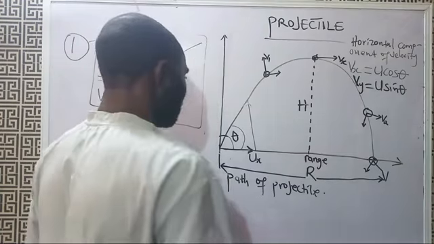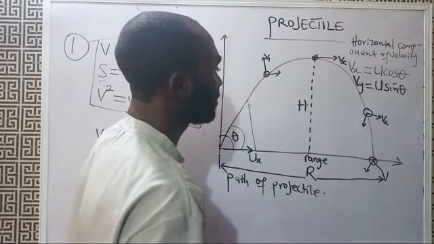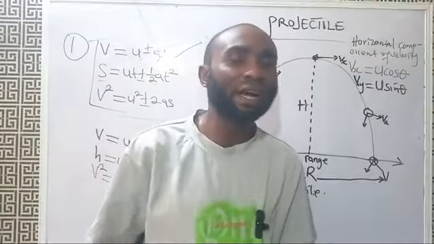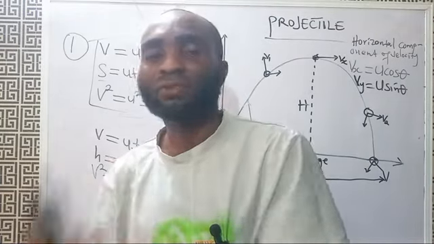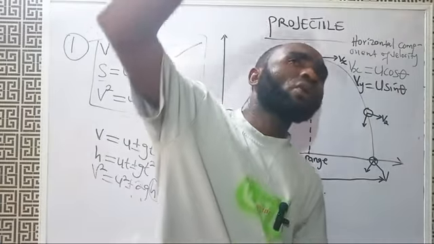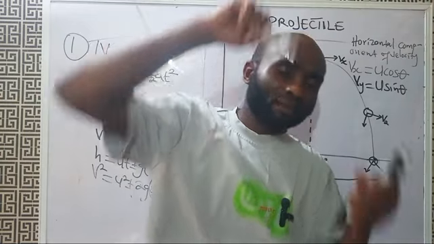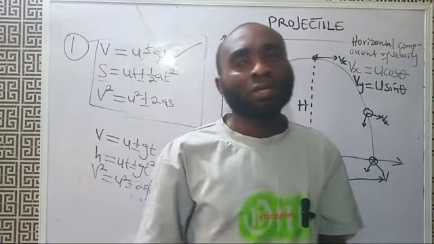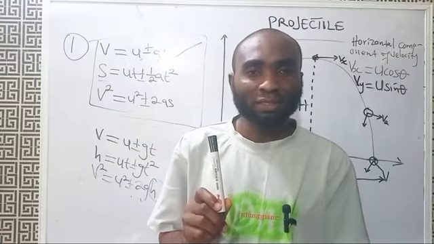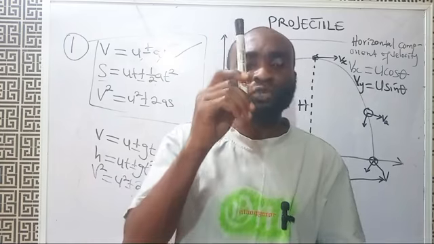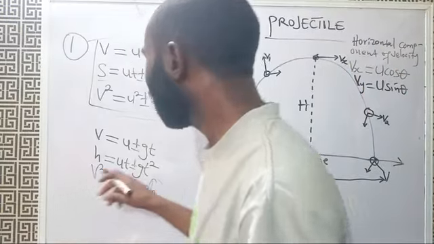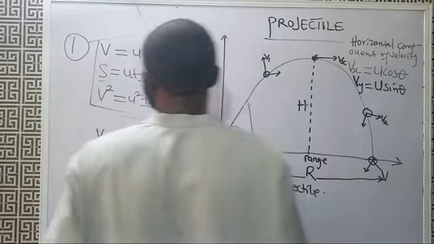So now let's understand the time of flight, the maximum height and the range. But before we understand that, when you throw something upward into the sky, you know that object is going against the force of gravity. So when an object is going upward, the equations of motion take negative signs.